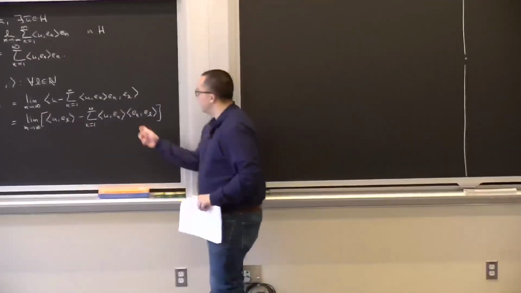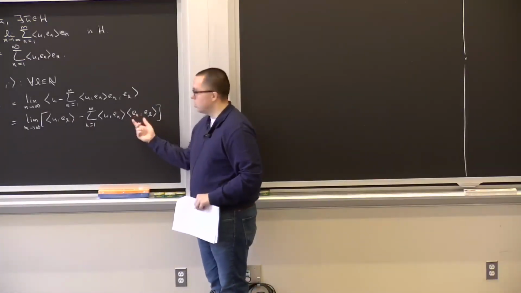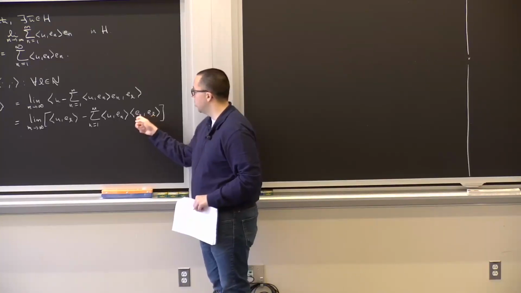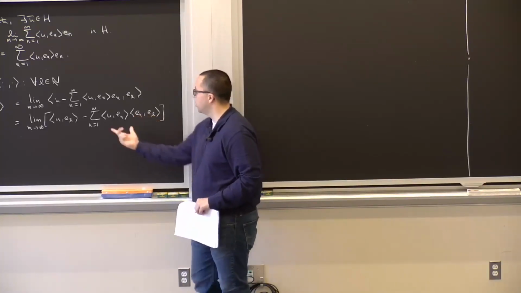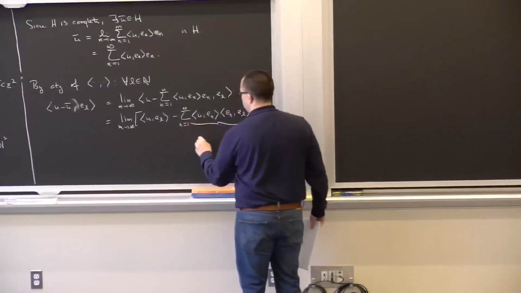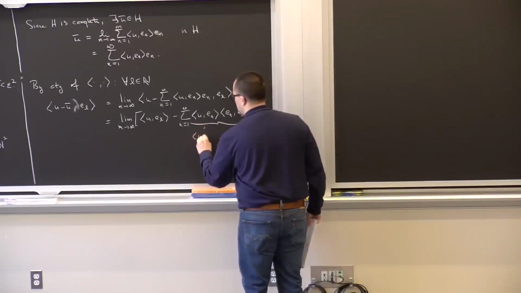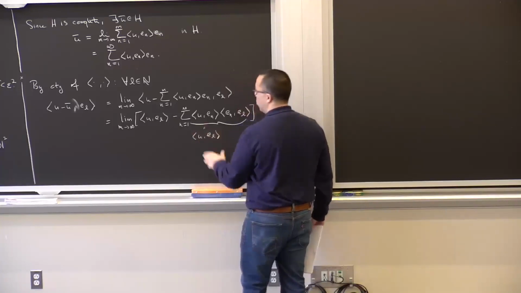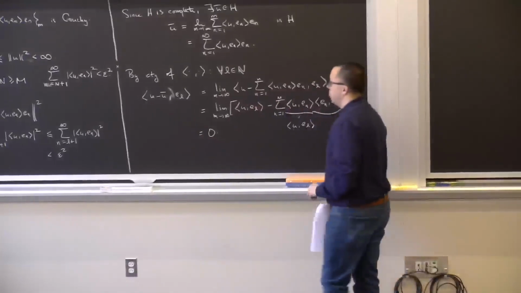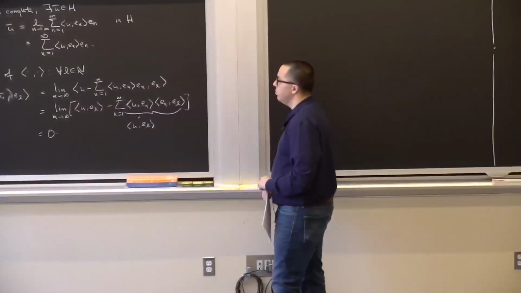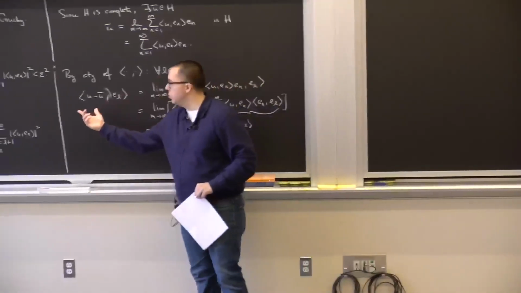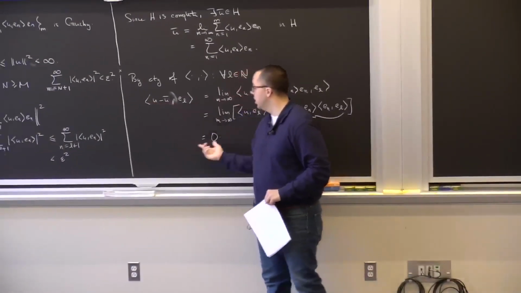When n does not equal L, remember these are orthonormal, I get 0, and when n equals L, I get 1. So all I pick up is <u, e_L>, which cancels with that one, and therefore I get 0. So I've shown that for every L, the inner product of u minus u bar with e_L is 0.